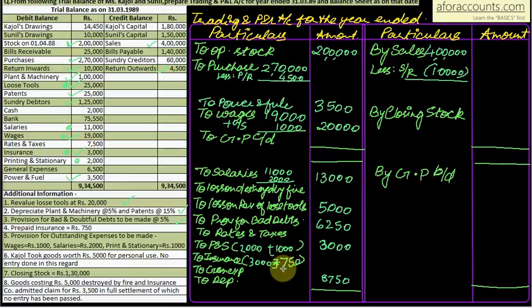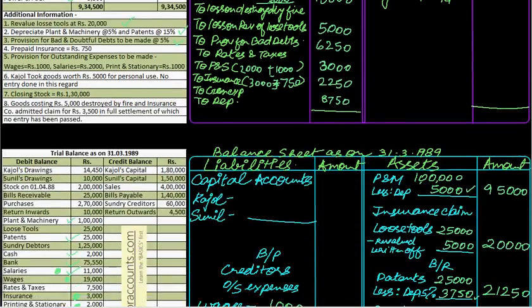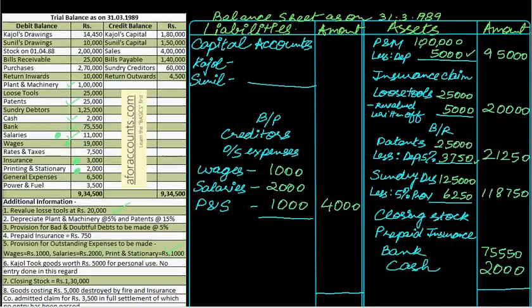That comes up to 2,250. और प्रीपेड इंश्योरेंस है तो मेरा एसेट है वो, बिकॉज मैंने पहले एडवांस में दे दिया है. सो प्रीपेड इंश्योरेंस 750 बैलेंस शीट में भी आएगा. प्रीपेड इंश्योरेंस 750 in your balance sheet. So fifth point is also done.